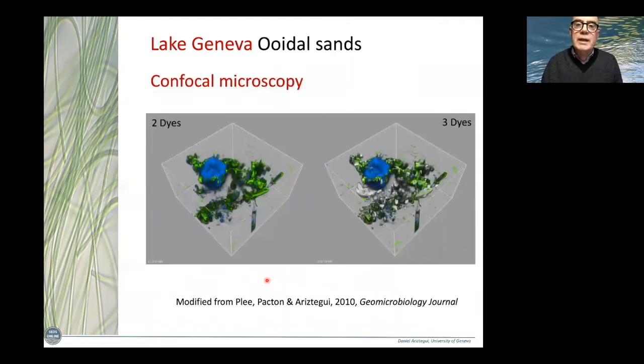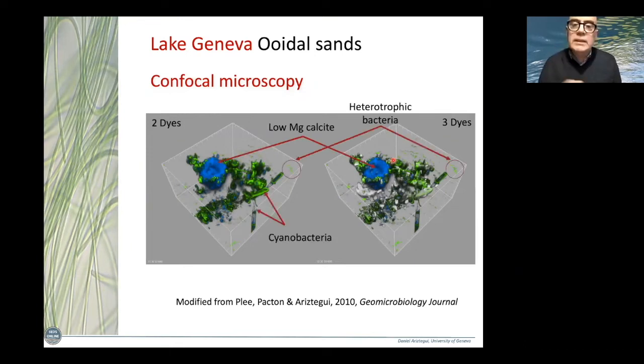We analyzed some of these samples under confocal microscopy, where we can dye the different components of the samples. This is with 3 dyes, and what you see there in blue is our low magnesium calcite, and then you see in green the cyanobacteria and some heterotrophic bacteria, but they seem to be a little bit on the side. And then we have the EPS in gray.